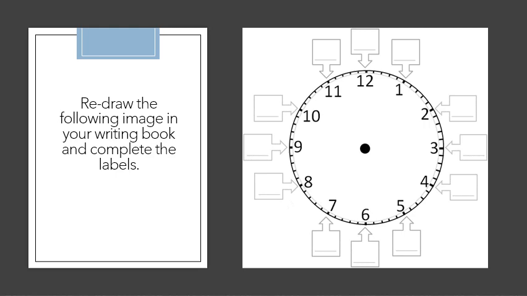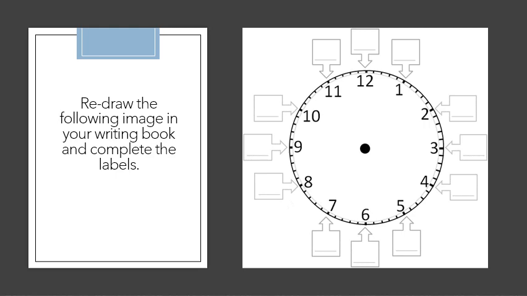Okay, using your writing book, okay, yang buku yang panjang itu, redraw the following image in your writing book and complete the labels. Okay, sekarang ni tugasan awak adalah awak lukiskan clock face ini di buku awak, buku writing. Okay, and then you label. Okay, for example, 12.